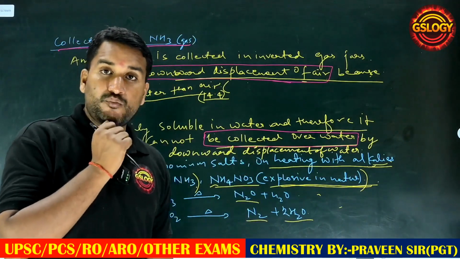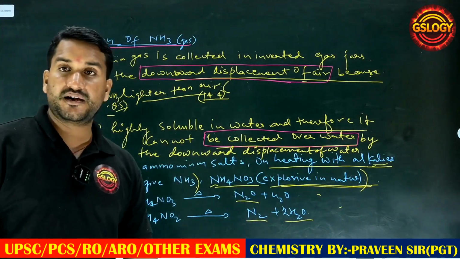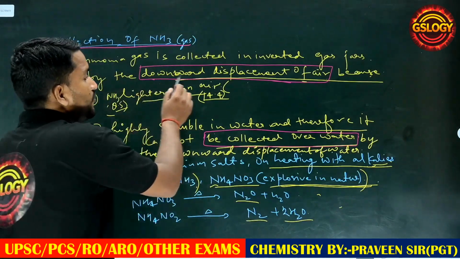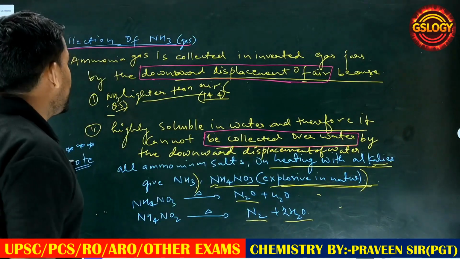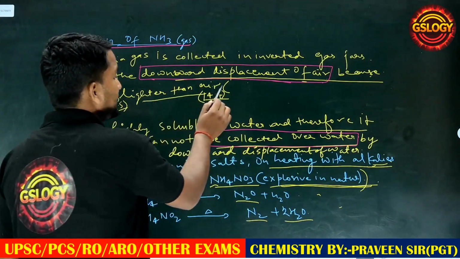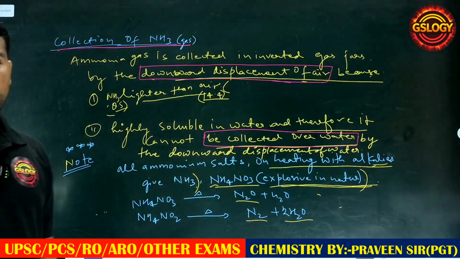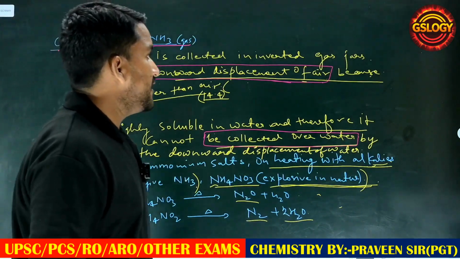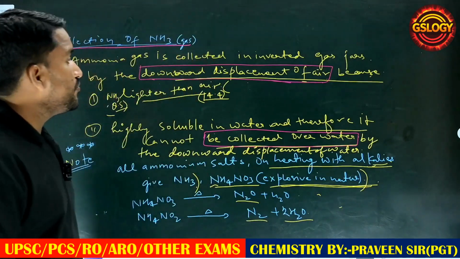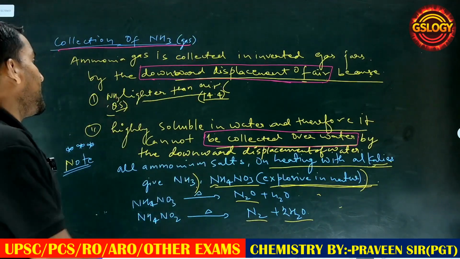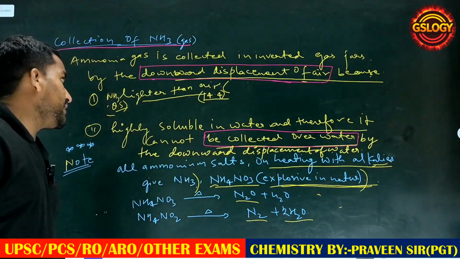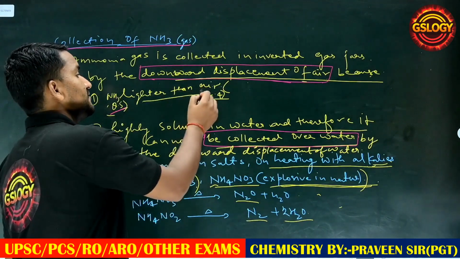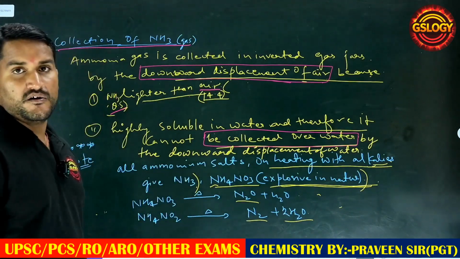Always keep in mind, ammonia gas is collected in an inverted gas jar by downward displacement of air, because ammonia is lighter than air. Why? Because ammonia is lighter than air. The density of ammonia is 8.5, whereas air is 14.4.